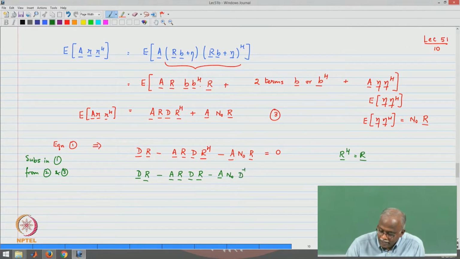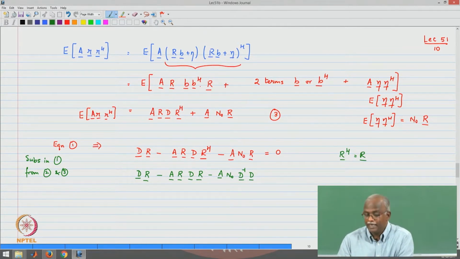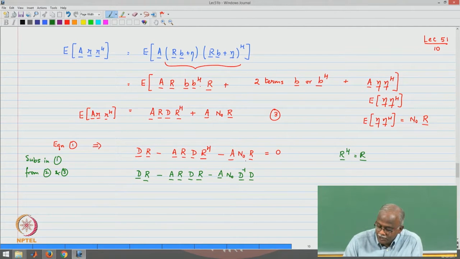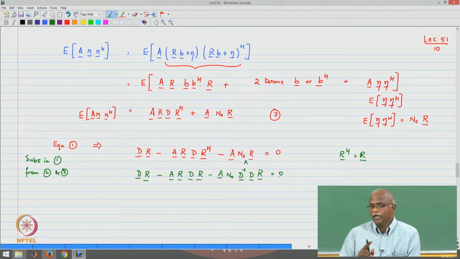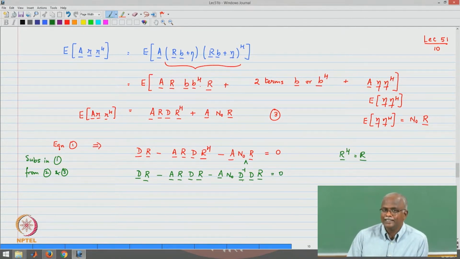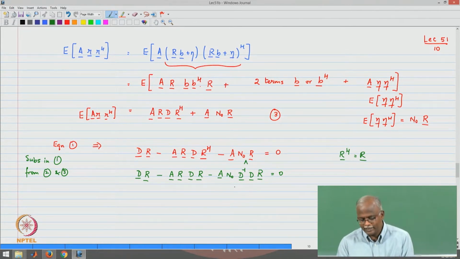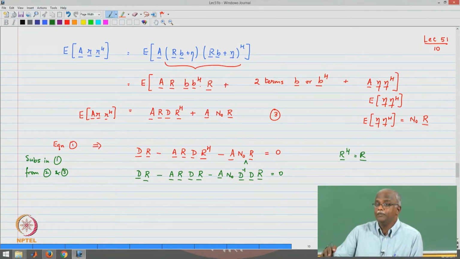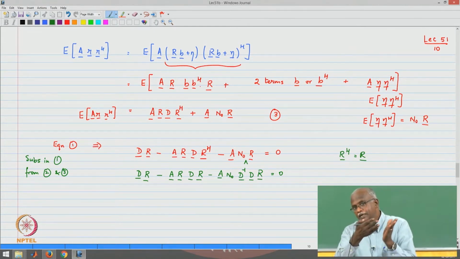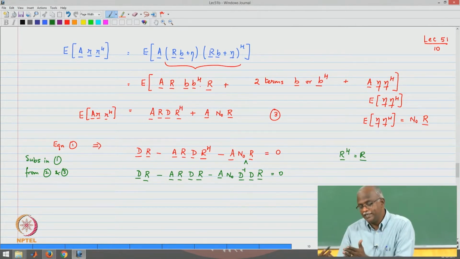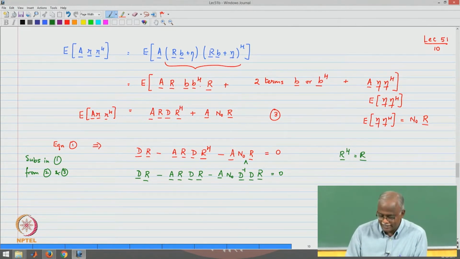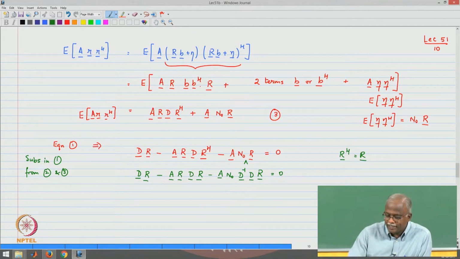I am going to write d inverse d, which gives me the identity matrix, in between n naught and r, multiplied by r, equal to 0. Now you may wonder, does d inverse exist? Yes, it exists, because d is a diagonal matrix with the energies E1, E2, so it is a diagonal matrix with non-zero entries. Therefore the inverse exists, so there is no issue with writing d inverse times d.